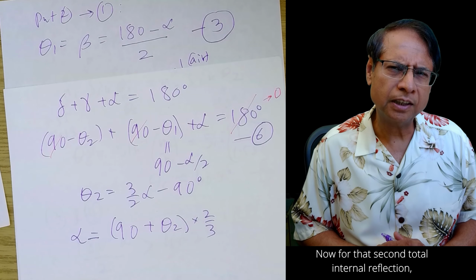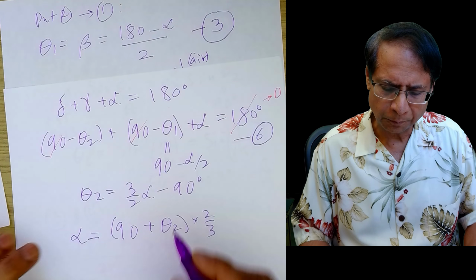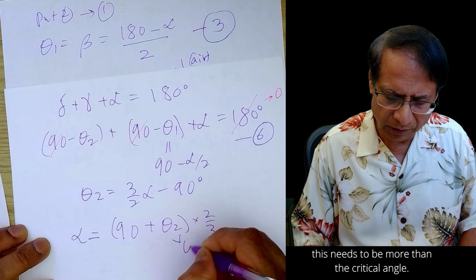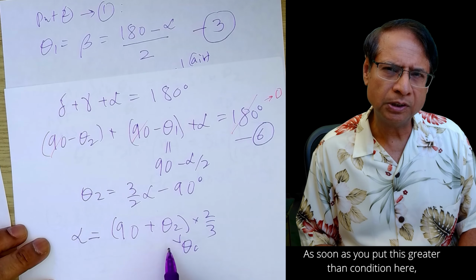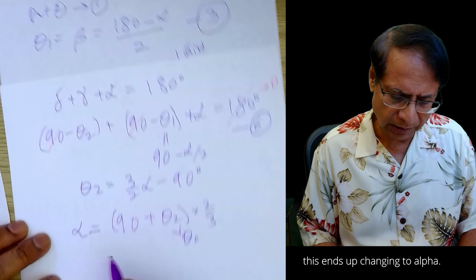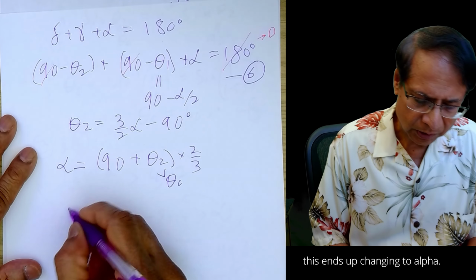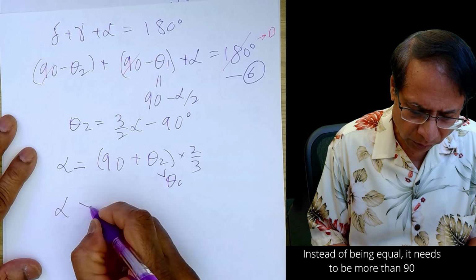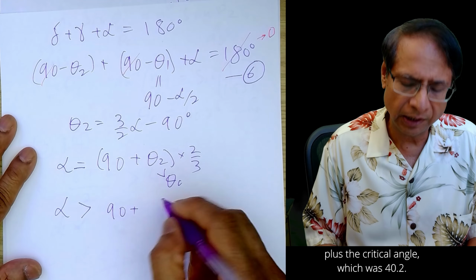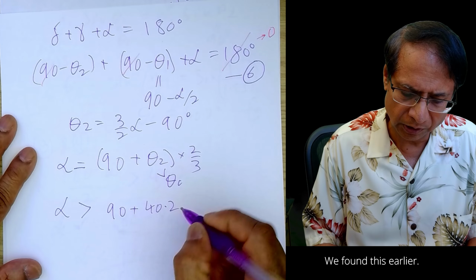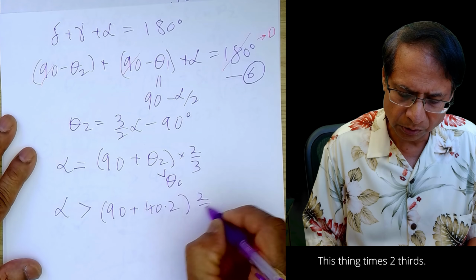Now for that second total internal reflection, this needs to be more than the critical angle. So let's put that in there. As soon as you put this greater than condition here, this ends up changing to alpha. Instead of being equal, it needs to be more than 90 plus the critical angle, which was 40.2. We found this earlier. This thing times 2/3.